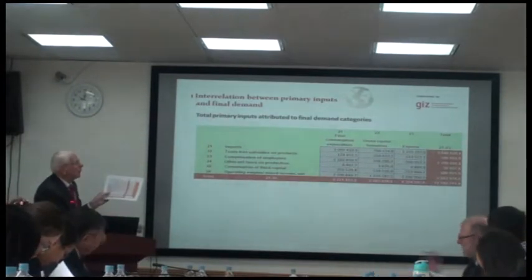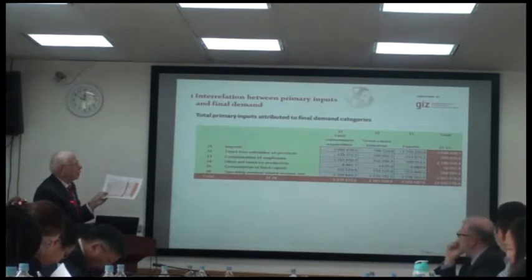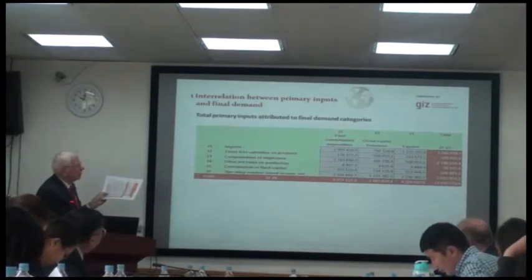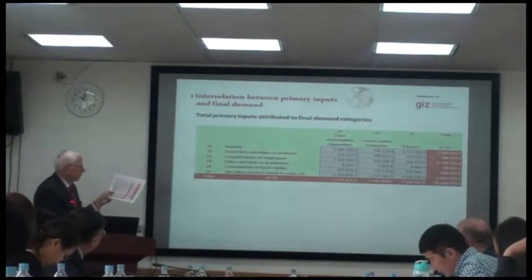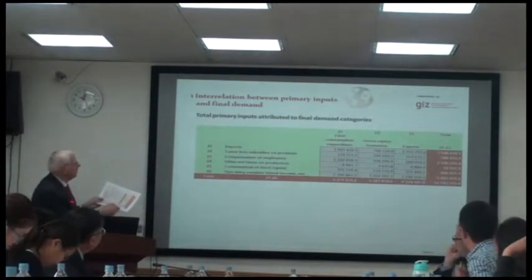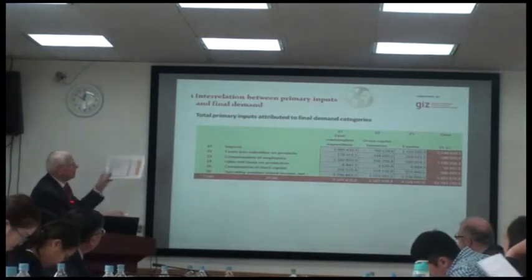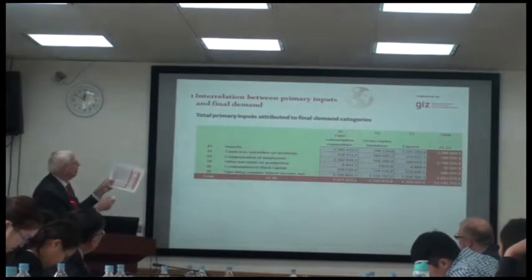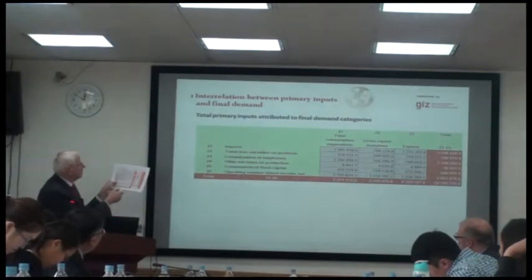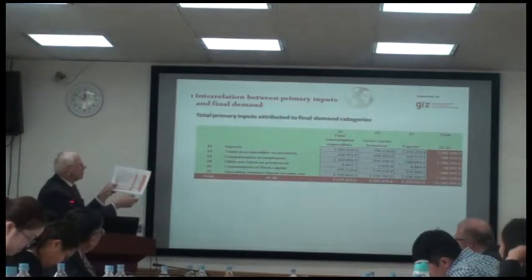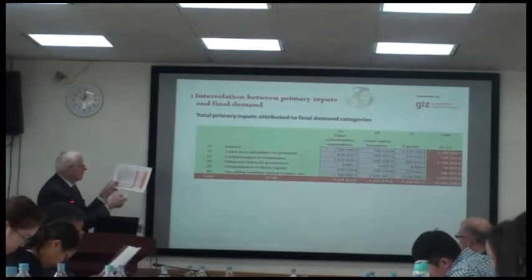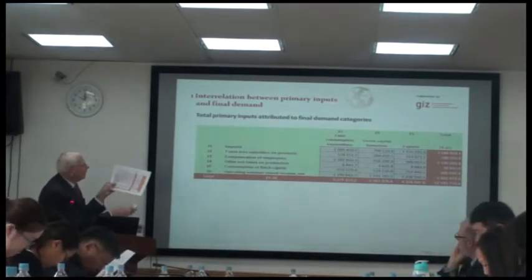Can we also find the data for the primary inputs reflected in our input-output table? Sure, it's the same. If you look for the row import in this table, you will find here in the column called intermediate consumption, these are the 21 to 23. You find here again the figure.